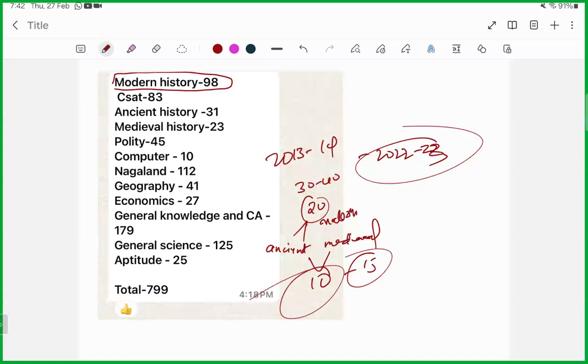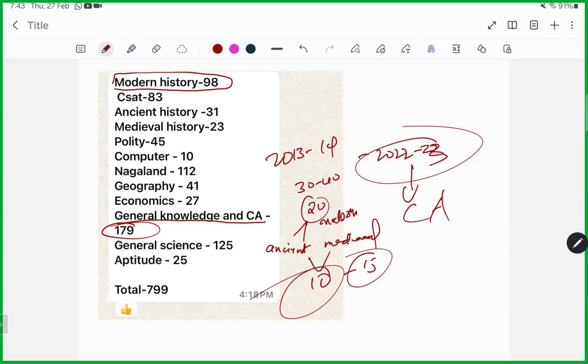But as you can see here, the more important one is the general knowledge and the current affairs. All right. So as you can see, there were 179 questions from current affairs in the 2 years of 2013 and 2014. Now, as you can see, it's very important. This is the marks distribution. Even day before yesterday, I shared the marks distribution of 2022 and 2023, where most of the marks came from current affairs.